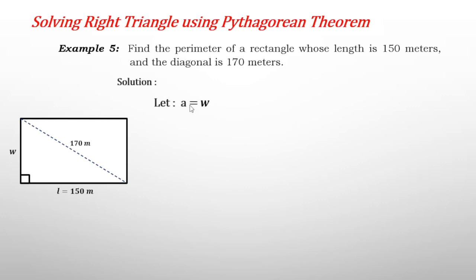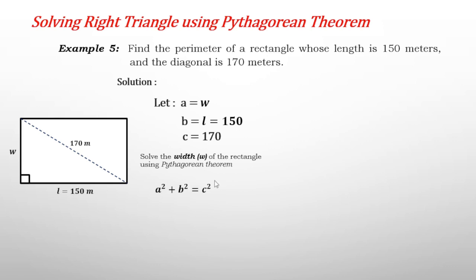So we're going to let a be the width, or w, and b be the length, which measures 150 meters, and then our hypotenuse, which is c, the diagonal of the rectangle, is 170. So solve the width of the rectangle using the Pythagorean theorem.